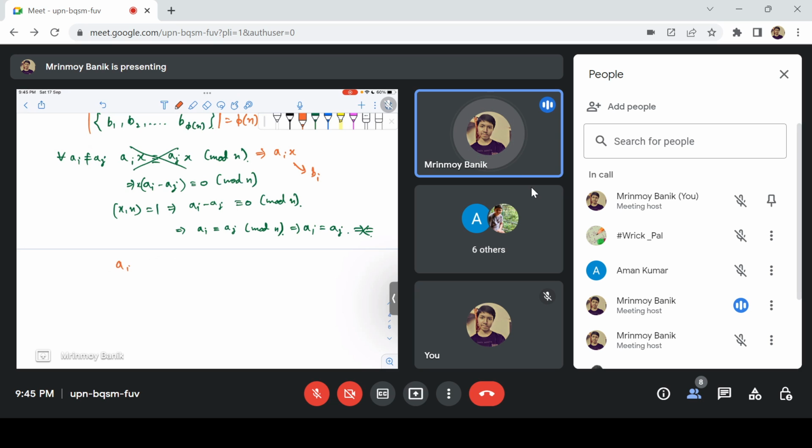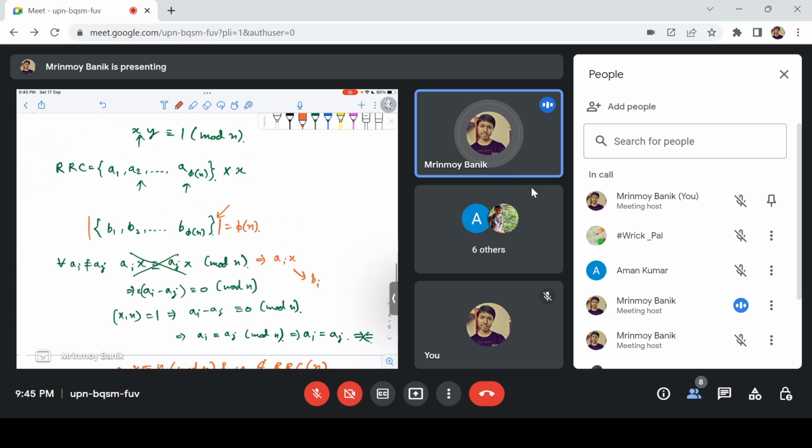So let's assume AI times x is something outside. So AI times x is congruent to y mod n, and y is not inside the reduced residue class of n, or it is not inside the set.